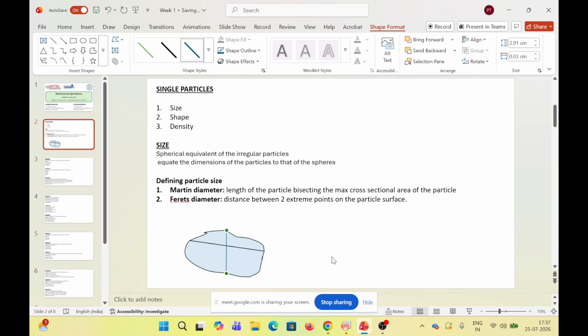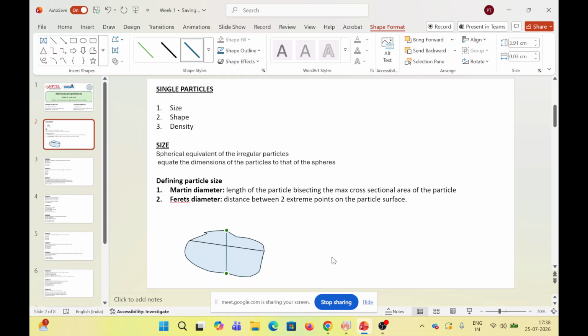This is totally a rough one, it's just for understanding, not to any scale, just to show what Martin's diameter and Ferret's diameter are. So basically these definitions came up so that we can start defining the particle size, so that particle size analysis can be done more easily, with a quantity with which we can characterize or analyze the particle sizes.